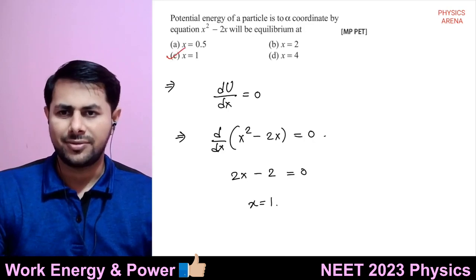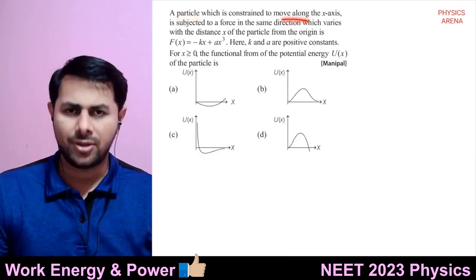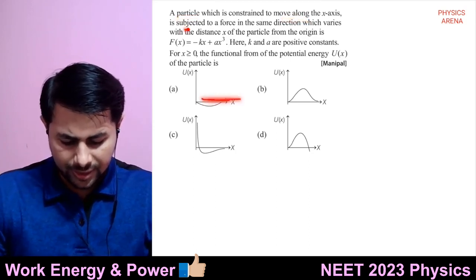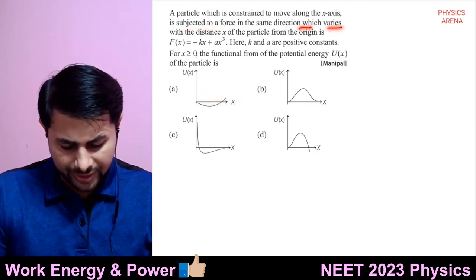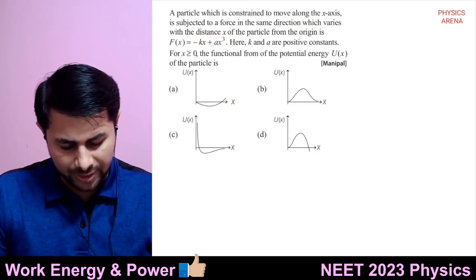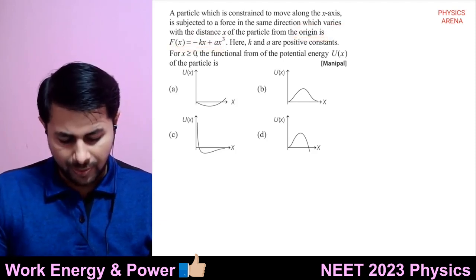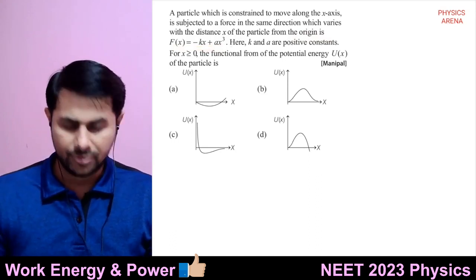Very good, Sanjay. A particle is constrained to move along the x-axis, subjected to a force in the same direction which varies with the distance x of the particle from the origin as this: the function F of x equals minus kx plus ax cube.